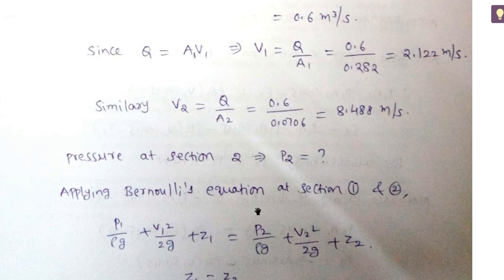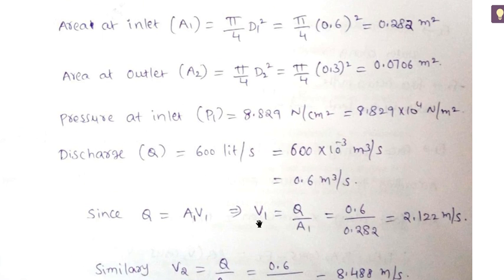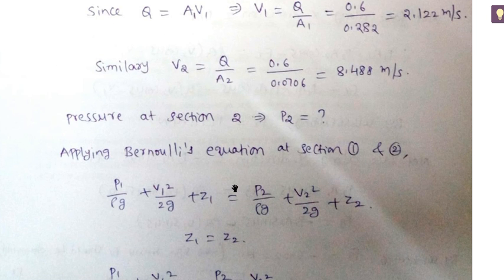V1 is given in the problem, discharge is given and diameters are given. We know from the continuity equation Q equals A1 V1 equals A2 V2. By using this one we can find the velocity of the fluid at the inlet of the bend. Similarly we can find the velocity of the fluid at the exit of the bend, by substituting this in the Bernoulli equation.